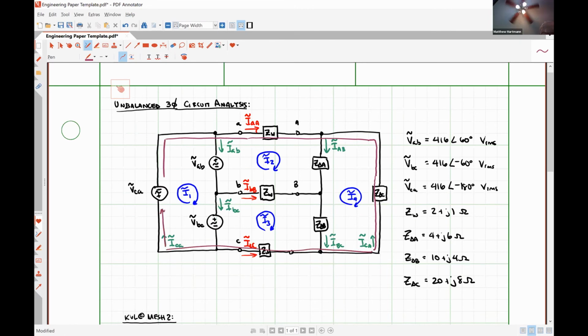All right. If we followed this path, we would have VCA plus mesh current I2 times ZW plus mesh current I4 times Z delta C plus mesh current I3 times ZW is equal to 0. And well, that still doesn't let us get I1, does it? That's just another uglier equation. All right. But that should give you ICA, right?